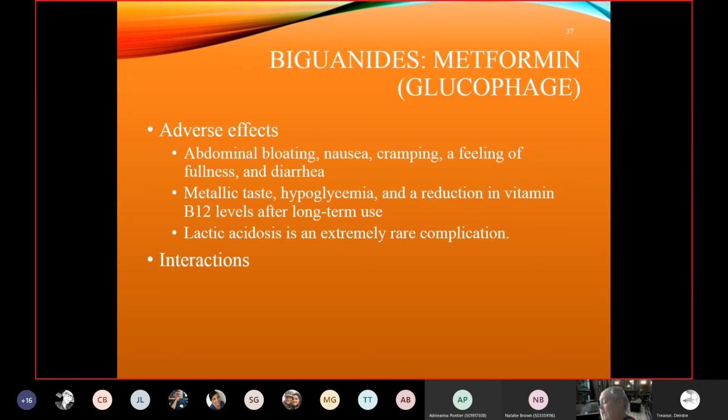Interactions, the drug interactions are actually on table 32-5 on page 505. Talks about insulin and what it interacts with, and then metformin and also glipizide.